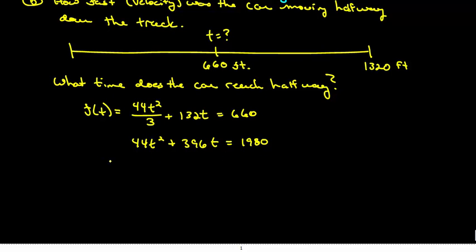Now let's move everything over. To solve this, remember, it's a quadratic. In solving a quadratic, we usually can't get the variable by itself. So we're going to bring everything to one side and try to factor.